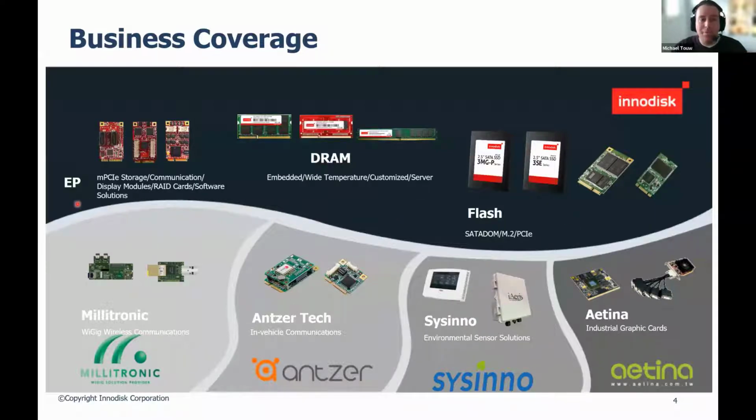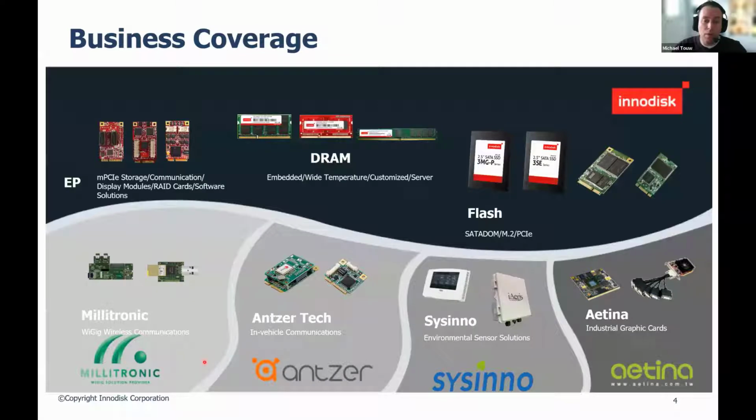We also have EP products, which are called embedded peripheral products. These products are used to give an extra extension port to one of your IPC solutions, for example, an extra PCI Express storage solution, communication, an extra display port, for example.